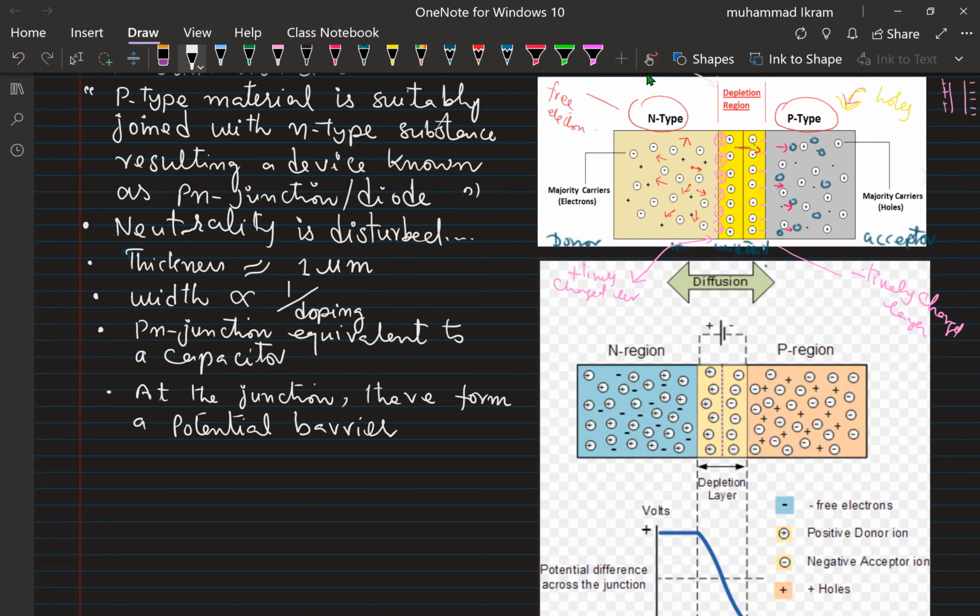This potential barrier stops the diffusion of the free electrons from the N side to the P side anymore.